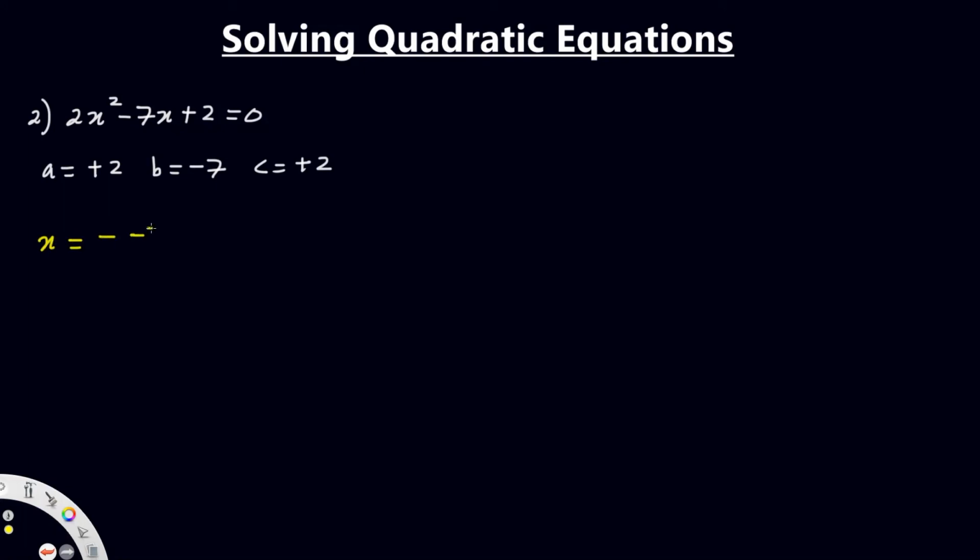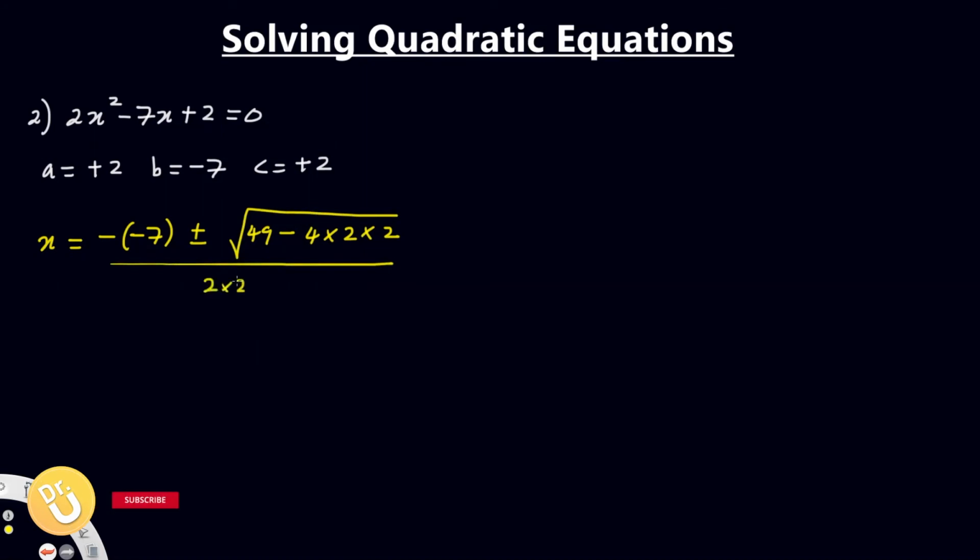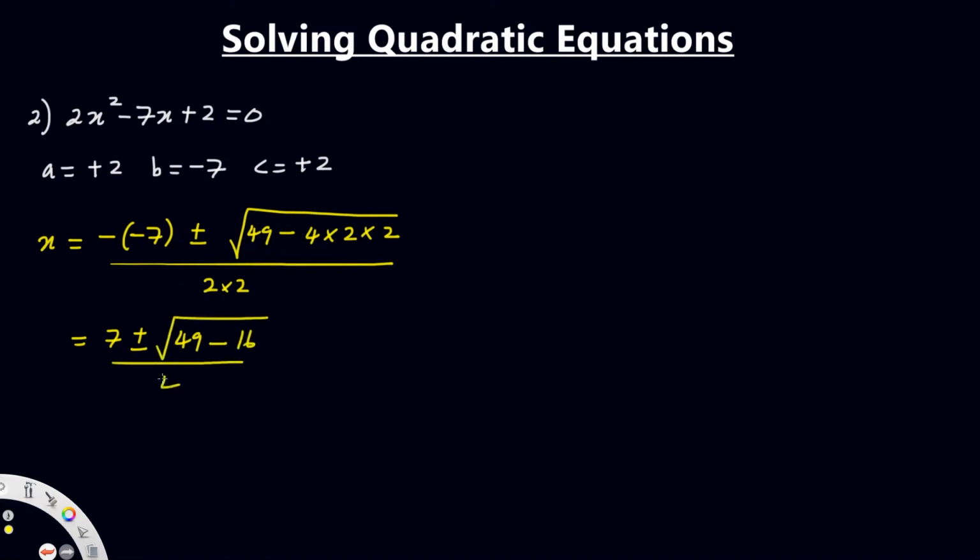So minus minus 7 plus and minus square root of b squared, that's going to be 49, minus 4 times a would be plus 2, c would be plus 2, the whole thing divided by 2a. So 2 times 2. Now once you simplify this, you get 7 plus and minus square root of 49 minus 16, divided by 4.